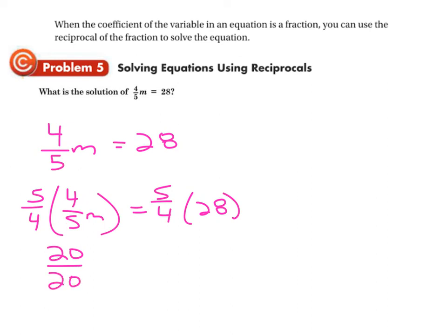And then, of course, m. And I'll worry about what's going on this side in a second, but just the idea here is, what's 20 over 20?